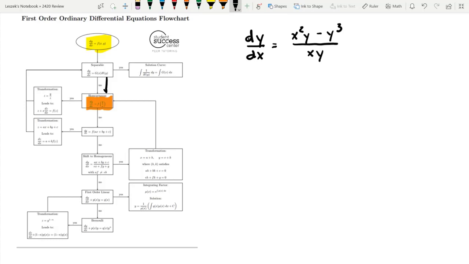And of course, one giveaway that this is going to be homogeneous is that if you look at the combined powers of all the terms on the right-hand side, you get x squared and y to the power 1. We have y cubed, we have x to the 1, y squared. All those, the combined degree of any one term there is 3. So it looks like that might be homogeneous.